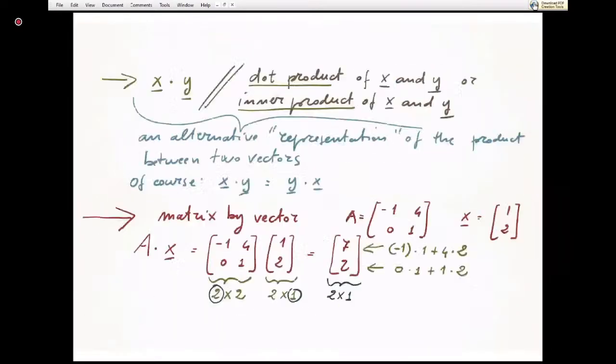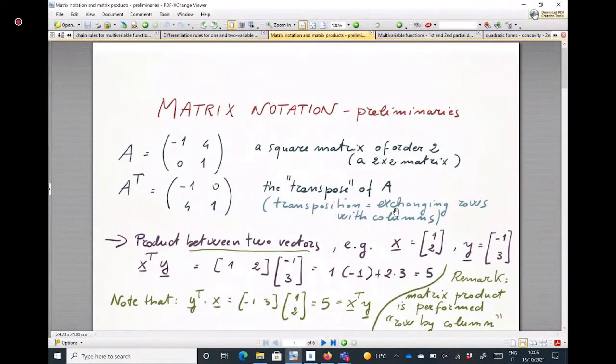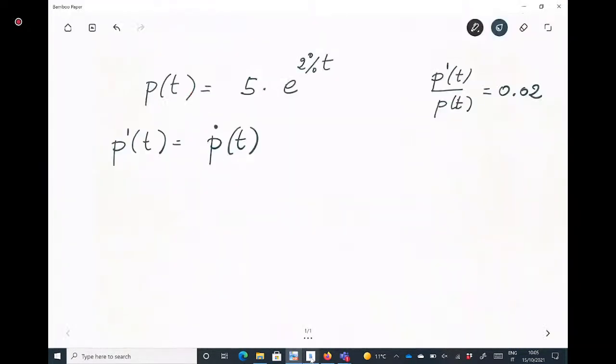Okay, let me now show you another thing which is basically useful to see now. Look at this matrix. This matrix has this property.